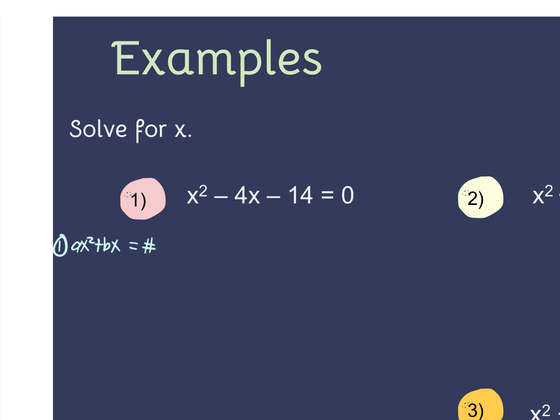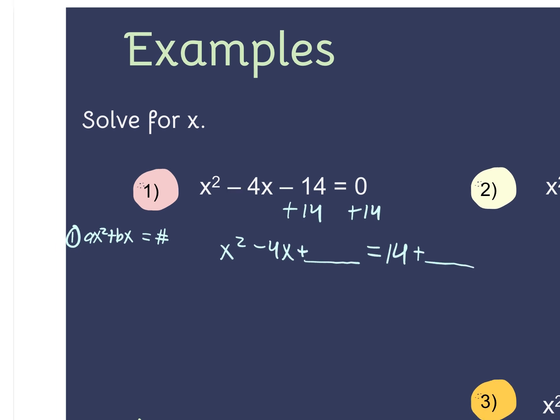We're going to treat that as our ax squared plus bx, and we're going to get the 14 to the other side. So plus 14, plus 14. And then we get x squared minus 4x, and I'm going to leave a little space right here, equals 0 plus 14 is 14. And again, I'll add a little plus space right here, and you'll see why in a minute.